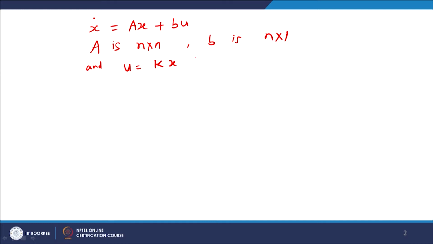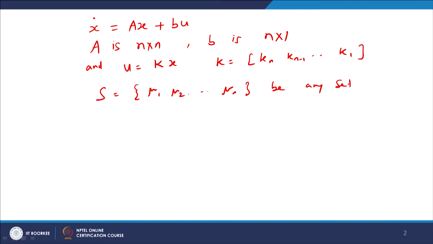Consider the equation x dot equal to Ax plus Bu, where A is an n cross n matrix and B is an n cross 1 column matrix, and u is a feedback control u equal to Kx, where K is a row vector which is unknown, and S is a set mu 1, mu 2, up to mu n, any set of numbers, real or complex.